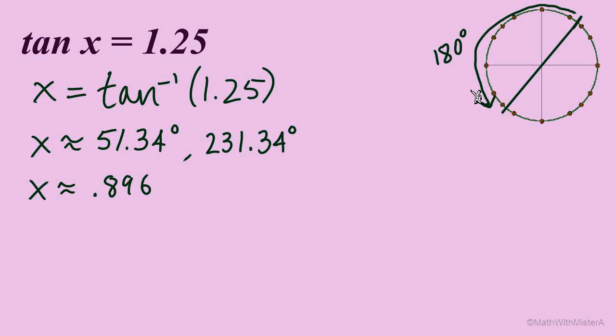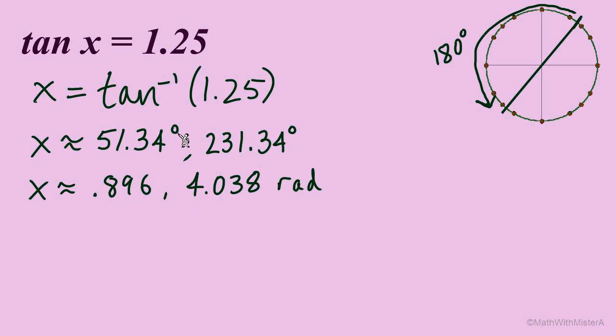Our other point, still on the opposite side of the circle, but since we are in radians, we won't use 180, we will use pi. Adding pi to our original solution gives our second solution, 4.038 radians approximately.